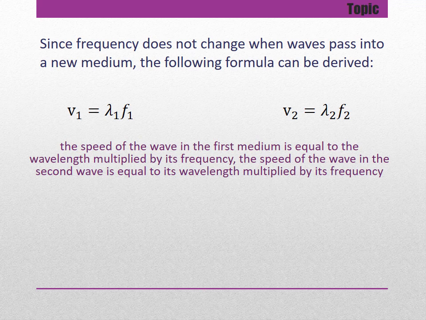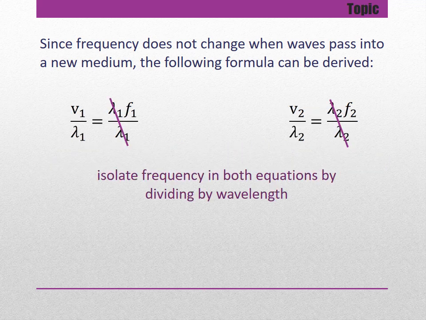So in both formulas, I'm going to divide by wavelength. When I divide by wavelength, the wavelengths are factored out on the right-hand side, leaving frequency to itself. So frequency is equal to velocity divided by wavelength.